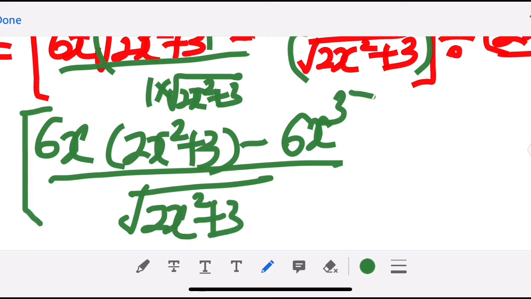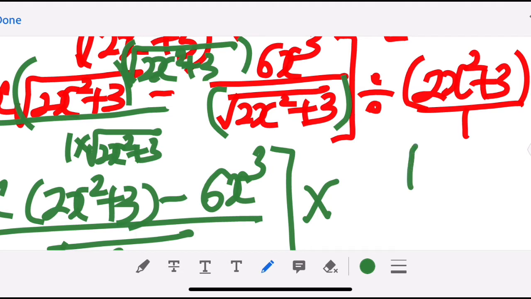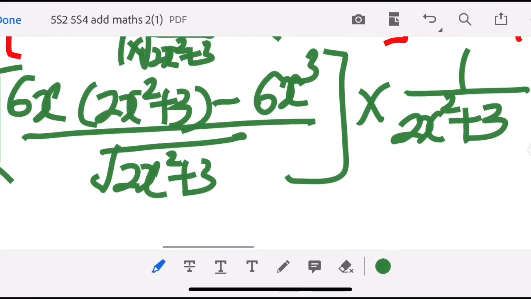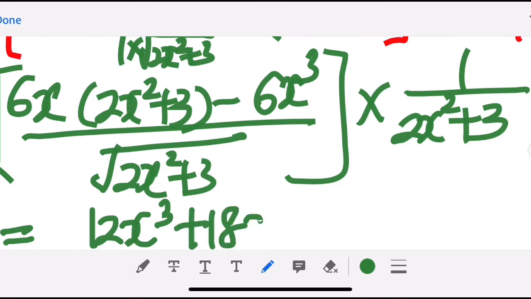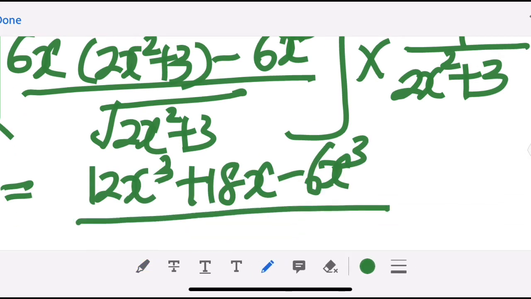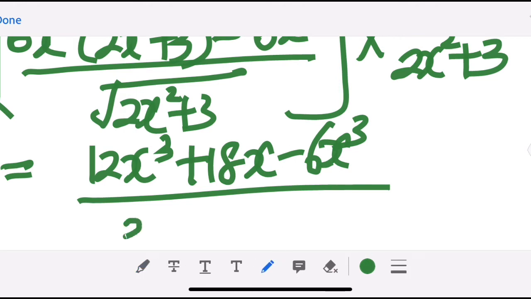Let's do it carefully. And when you see dy, what must you do? You will multiply, and you have to invert the fraction like this, right? So now we will have 12x cubed plus 18x minus 6x cubed over square root of 2x squared plus 3.